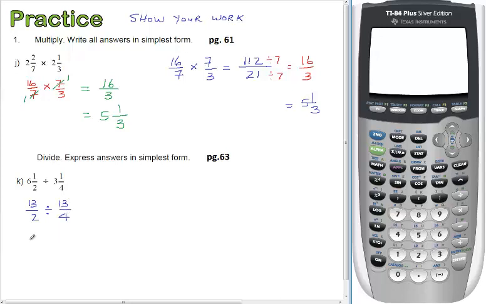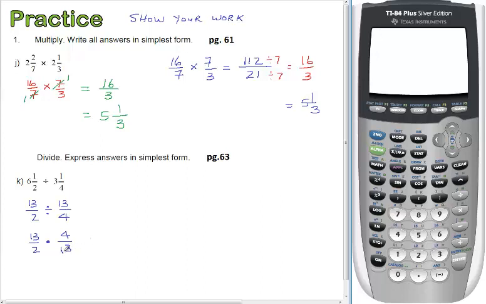And then, of course, when you divide by a fraction, it's the same as multiplying by its reciprocal, right? So I'll say that again. When you're dividing by a fraction, it's the same as multiplying by its reciprocal. And reciprocal means to flip the fraction, right? So now we're right back to, can we cross cancel?